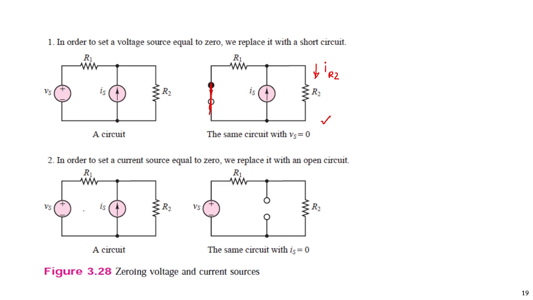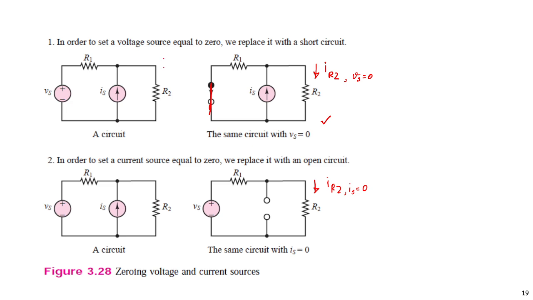Then again, we set Is to 0. We can solve for R2, okay? We can solve this circuit for R2, right? This circuit is simpler. So this is I of R2 with Vs set to 0. And this is the circuit of R2 with Is set to 0, right?